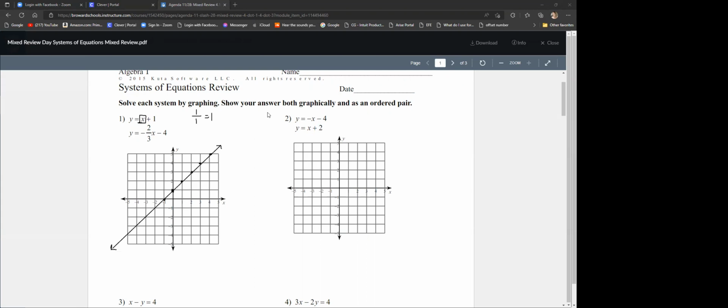Second line, where's the y-intercept and where's the second point? Where do you start always? Where do you start on this one? Negative 4? 0, negative 4, right? So there's your first point. Where's your second point?